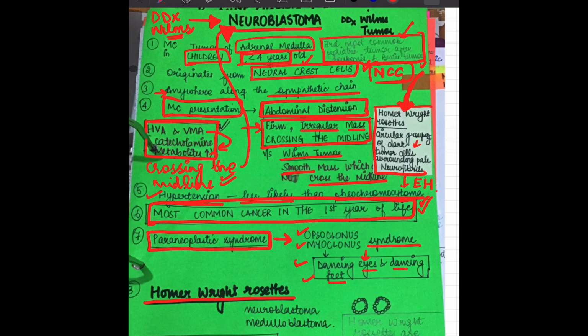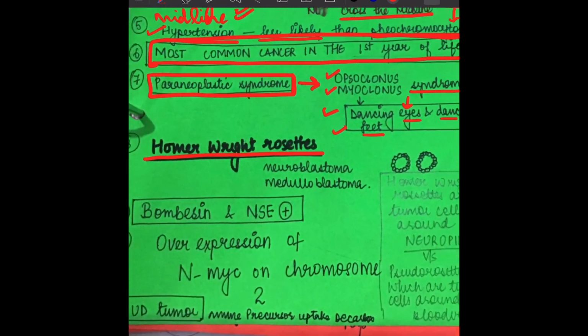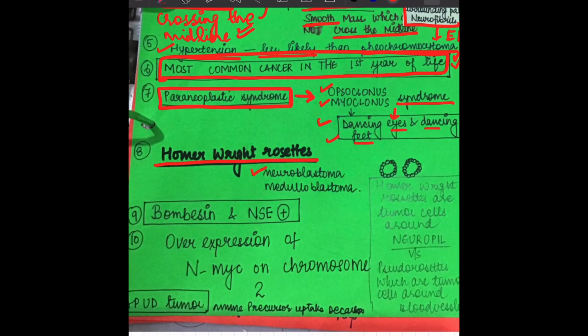Homer-Wright rosettes I have already told you. And where are these found? These are found in neuroblastoma. They look like these, and medulloblastoma. Both of them have Homer-Wright rosettes. Now the markers for the neuroblastoma are bombesin and neuron-specific enolase, bombesin and NSE positive. There is overexpression of N-MYC on chromosome number 2.